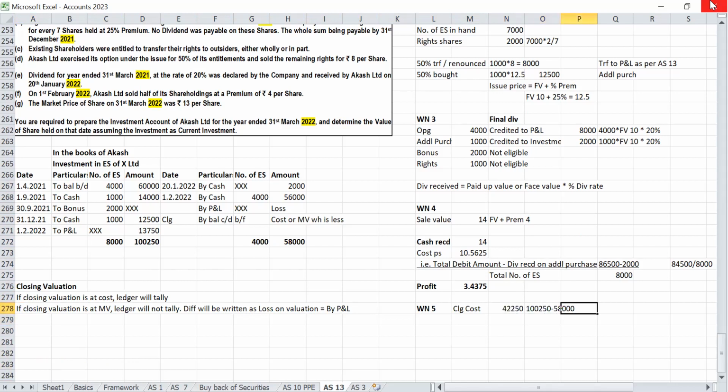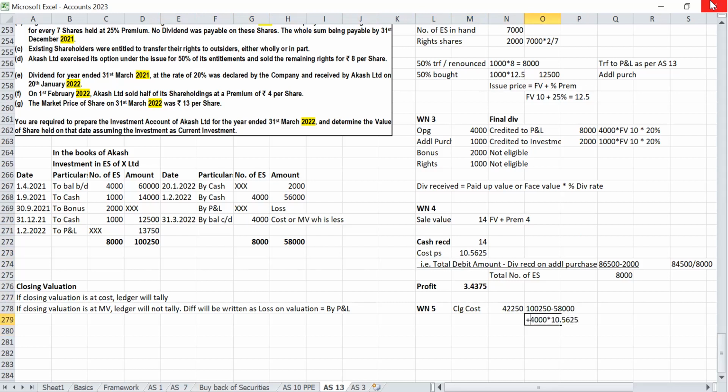Or you can also compute using how many shares are in hand at closing: 8,000 minus 4,000, so 4,000 shares are there. Cost we have computed as 10.56.